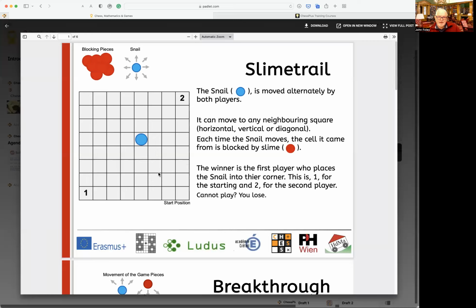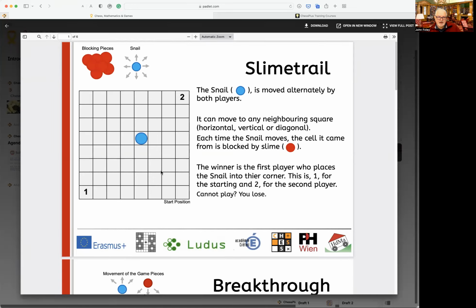And this is a very popular game. This game proved its merit in the National Mathematical Games competition in Portugal, where it has been run for many years. And in Portugal, they have tested out all of these games and are able to establish which games work in a school environment, which games do not work in a school environment.